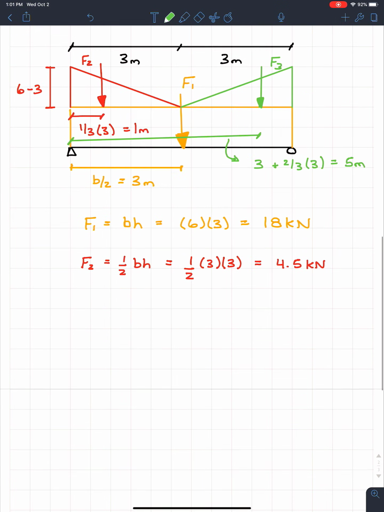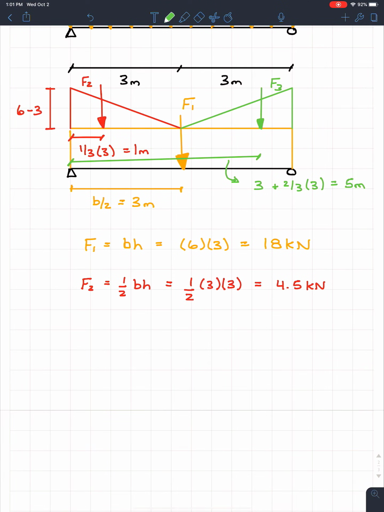And of course, we can figure out the magnitude of F3. F3 is going to be equal to 1/2 of the base times height. And it's actually lucky because it's the exact same as before, so we can go 1/2 of 3 times 3, which is equal to 4.5 kilonewtons.